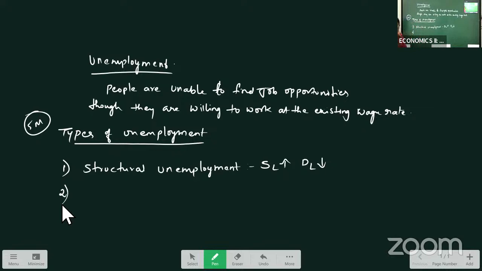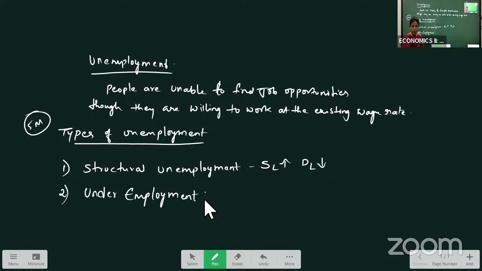Okay, simple concept you have to remember. Then the second type of unemployment is underemployment. Underemployment means their efficiency and capability is not utilized to the full extent.